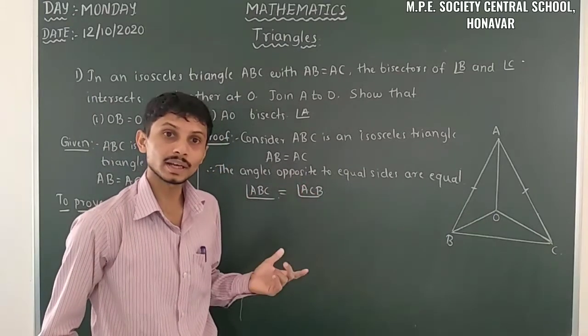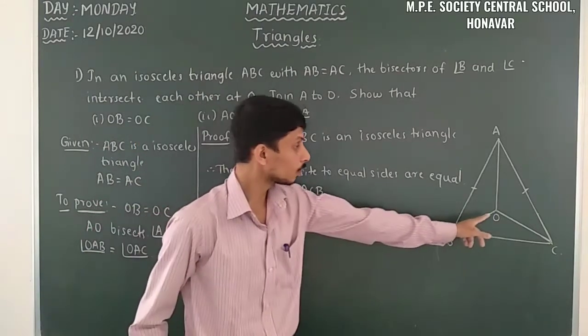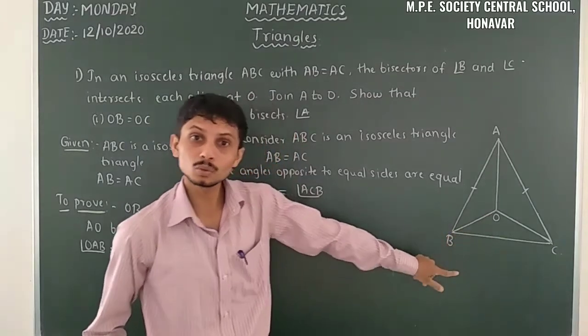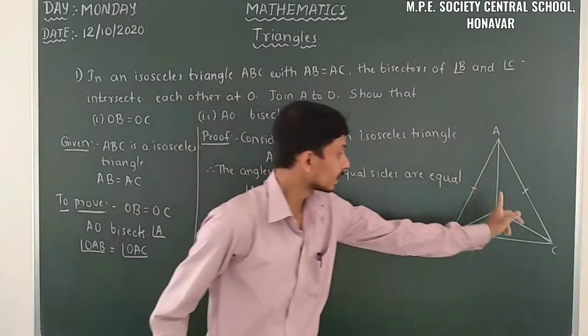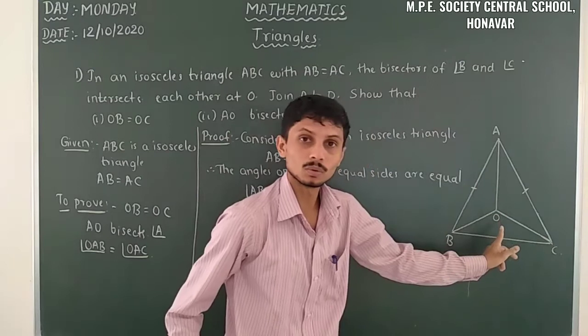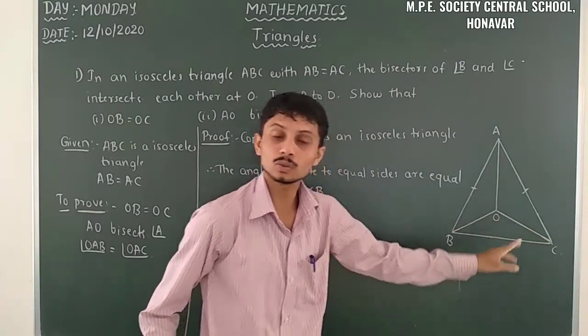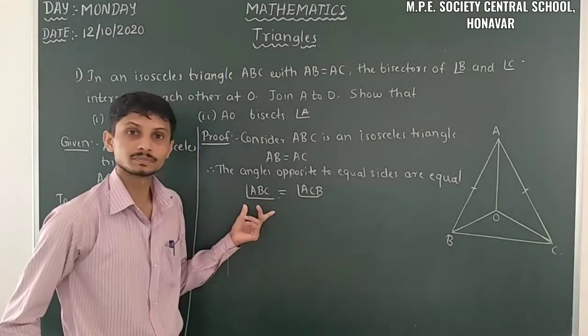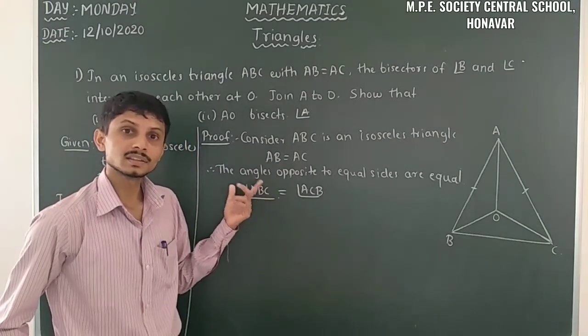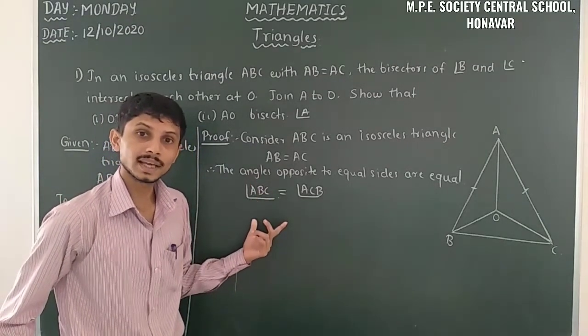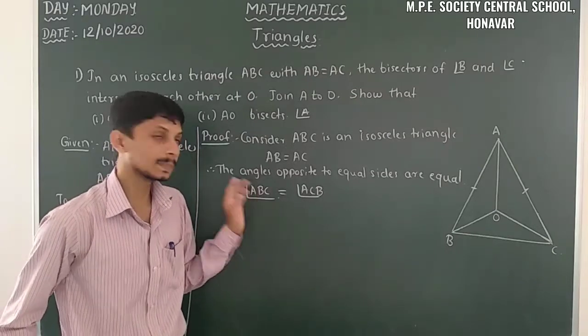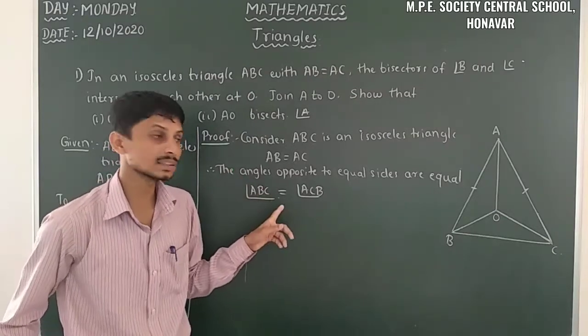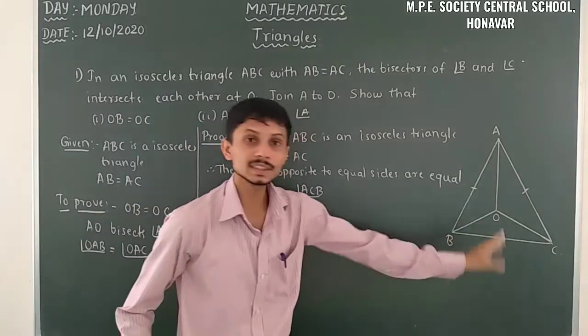We also know that BO bisects angle B into two equal parts, and CO bisects angle C into two equal parts. That means we can write the total angle ABC as 2 into angle OBC.